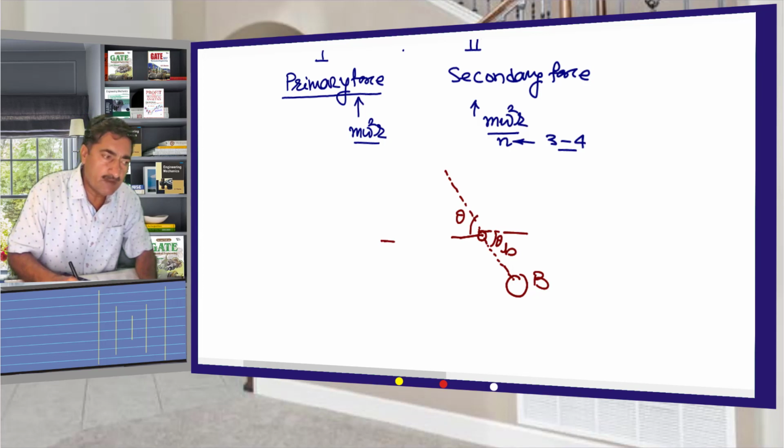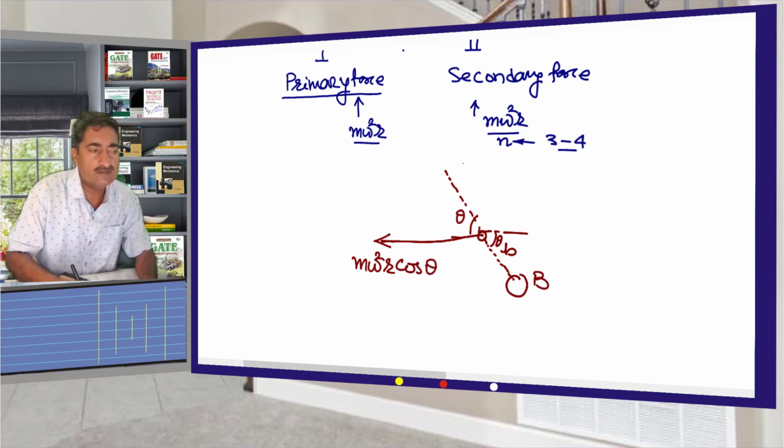Now unbalanced primary force is equal to m omega square r cos theta. Now this is equal to B omega square into b.